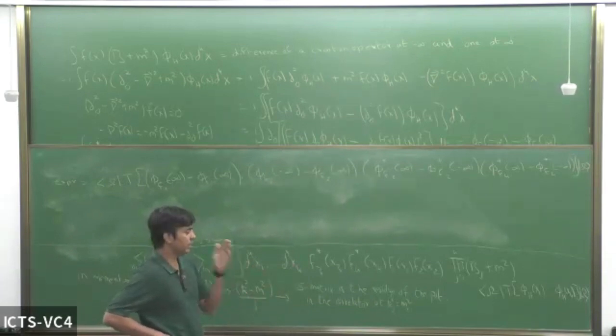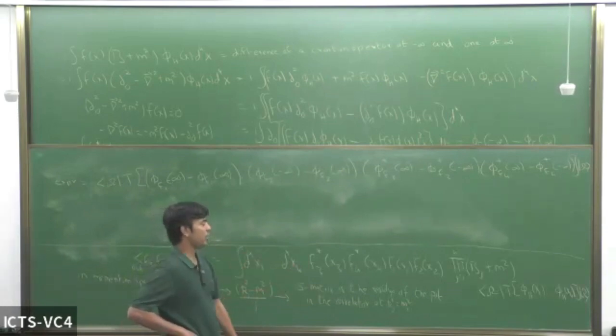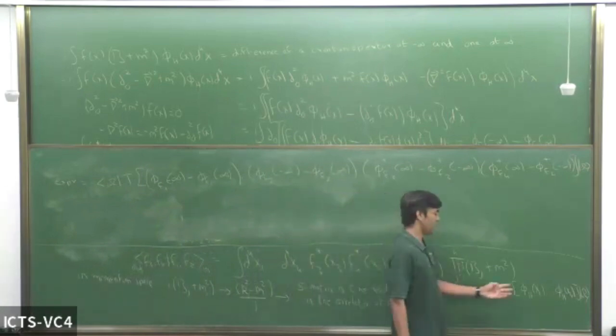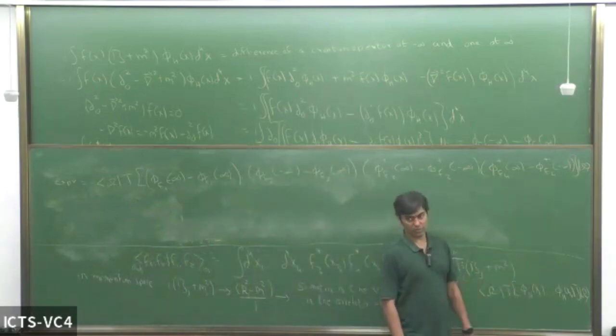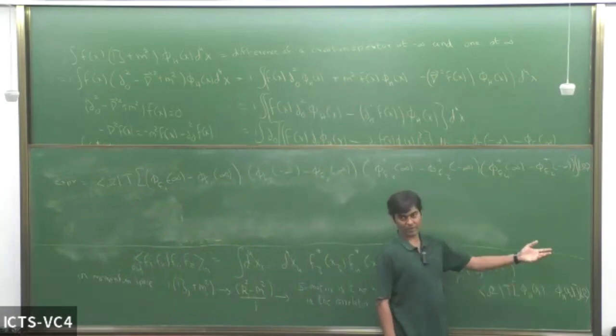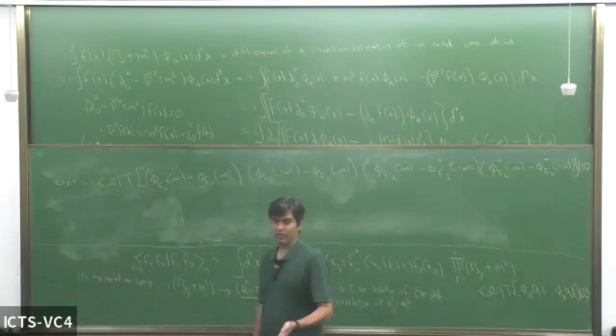The reason that happens is because the phi's commute with each other. It's only the phi and the d0 phi that don't commute. So you have one of the d0s acting on the phi and the other acting on the theta function, and so you'll get a delta 4 of x1 minus x2.